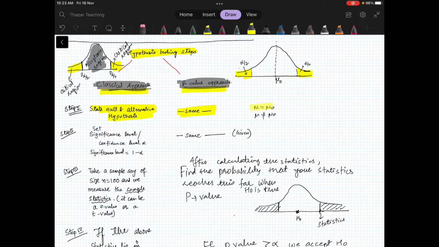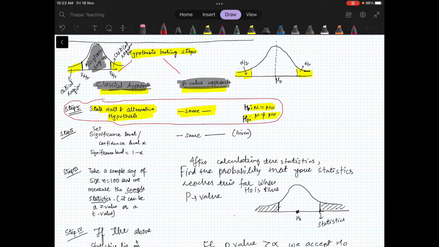Suppose H naught is that mu is equal to mu naught, and this is our alternative hypothesis, that mu is not equal to mu naught. So step one is clear: we define the null and alternative hypothesis for both approaches.